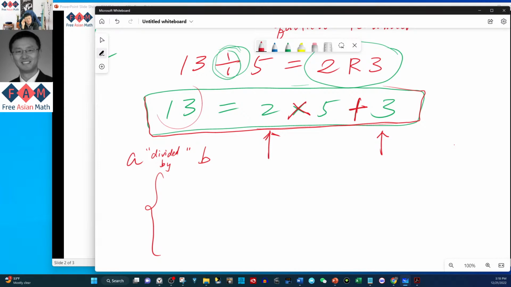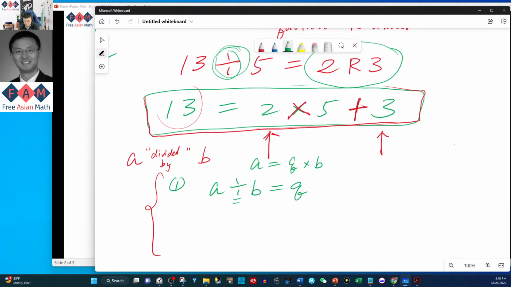Well, we first have to verify whether we can find a Q such that A equals Q times B. If yes, we go to the first case, that is A divided by B. We use this notation, this symbol, A divided by B. And we know this will give us Q because we have already verified that.